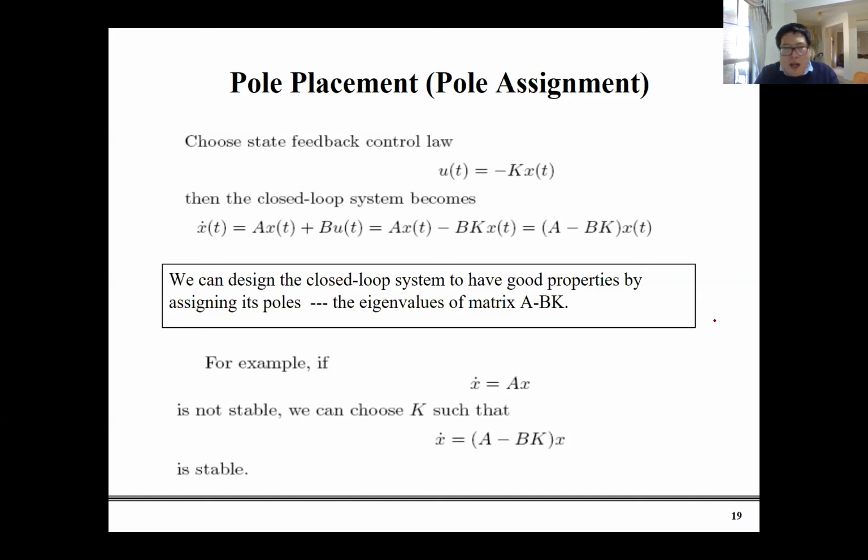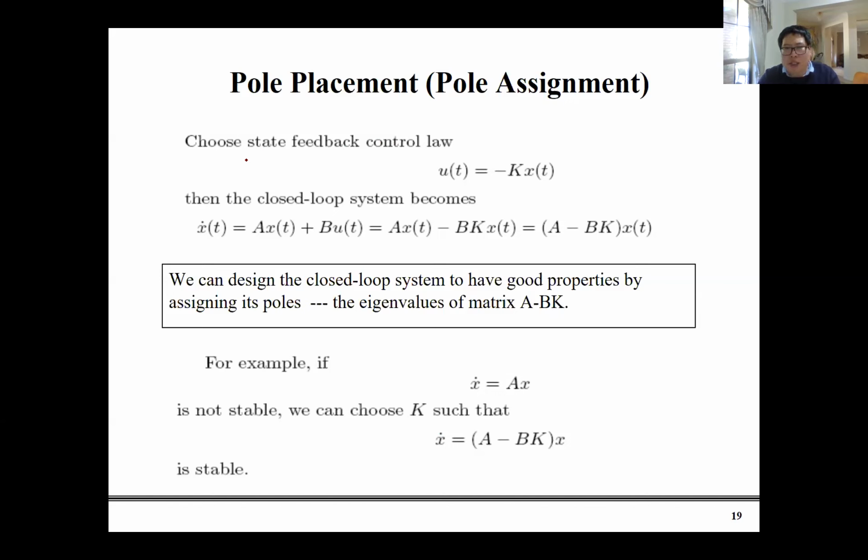All right. So one of the ways is pole placement. We call it pole placement. And here we use the state feedback control. So this is what I mentioned before. If you can observe the state, and that is fed back by using some sensors, then that's the feedback control law.